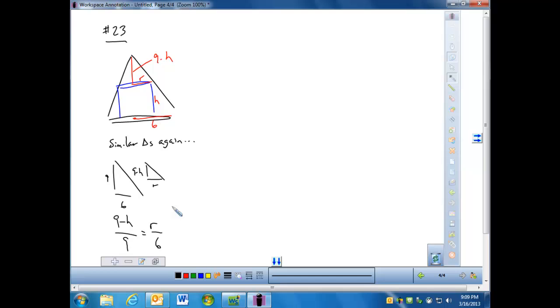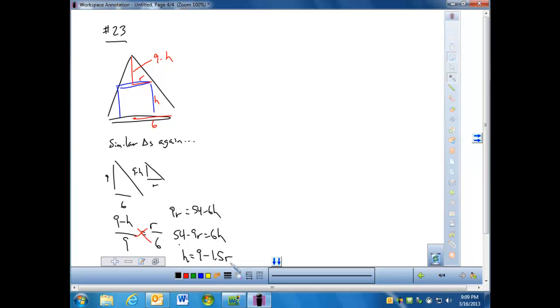Cross multiply on that. When I work all of that out, I should get 9r equals 54 minus 6h, which gives me h equals (54 minus 9r) divided by 6. If you want to simplify that, you certainly can. Get it down to 9 minus 1.5r.